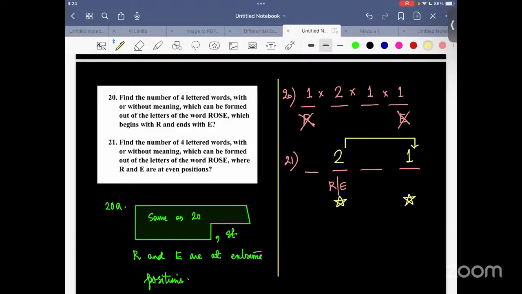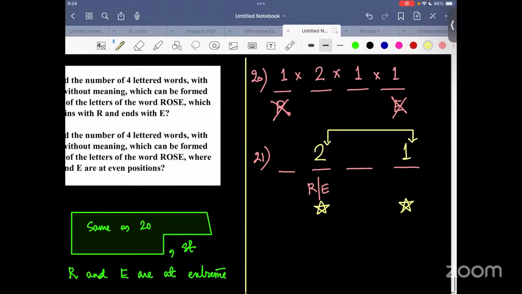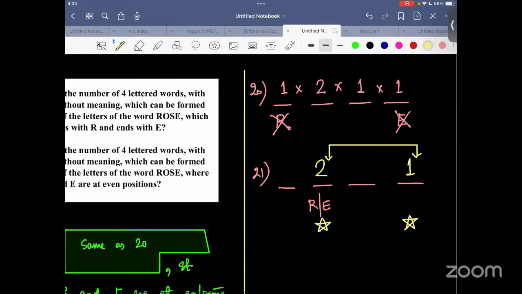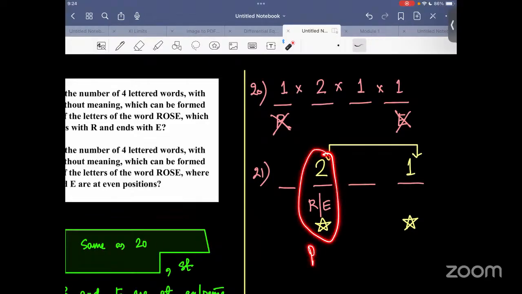This is the most important part of this question because it says that R and E will occupy the even positions. If R and E occupy the even positions, ask yourself who will come here. The answer is R or E. Any one can occupy this place, and the remaining one will come here.